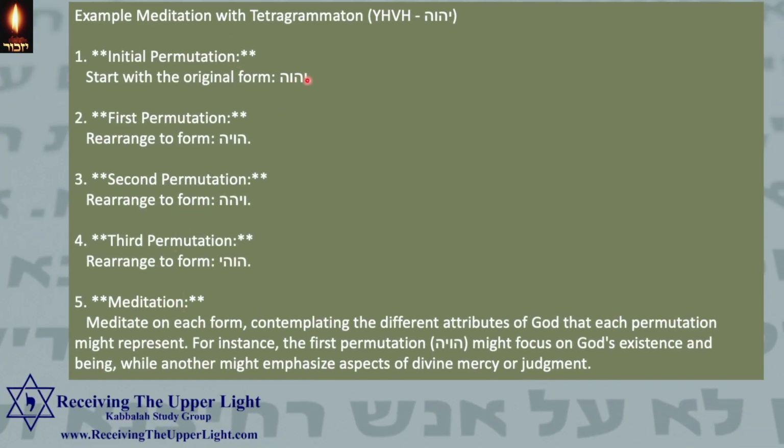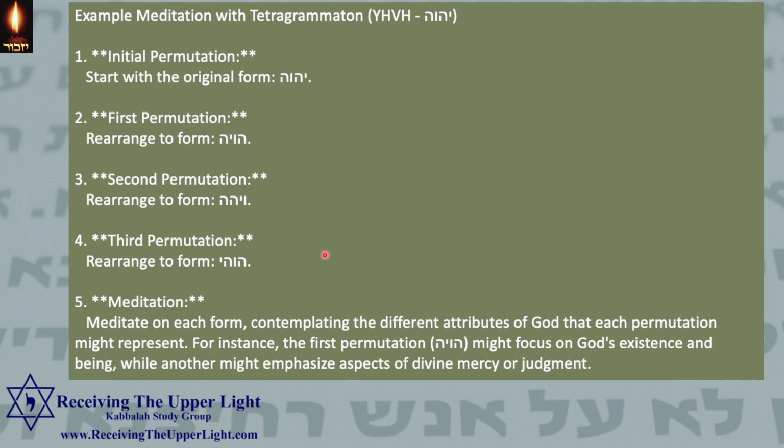If you don't know that the yod represents chokmah, that the first hey represents bina, that the vav represents zeir anpin, and the last hey represents malchut, then when you're doing these permutations, you will not understand what you're doing, right? You might confuse this hey with the last hey when this hey is actually bina and this hey is actually malchut, right?